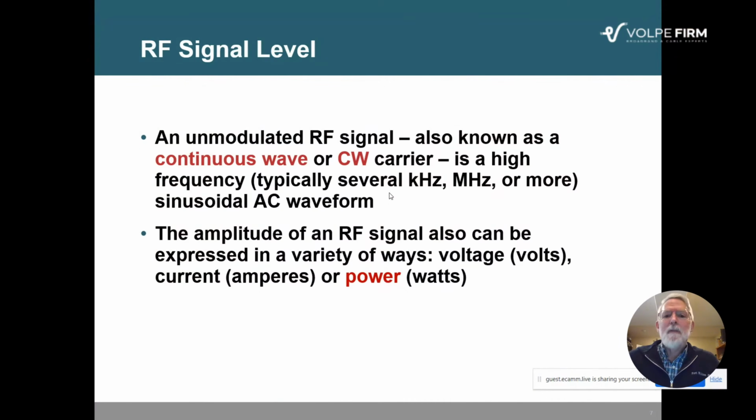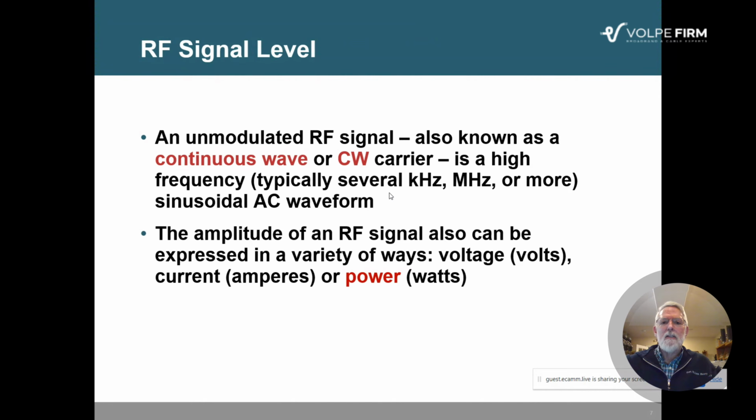So let's think about an unmodulated RF signal. We call that a CW carrier or a continuous wave carrier. In the world of RF, though, instead of being 60 hertz like the AC outlet on the wall, it's a much higher frequency alternating current waveform. And yes, it is an AC waveform, but it's typically several kilohertz, megahertz, or gigahertz, or even more.